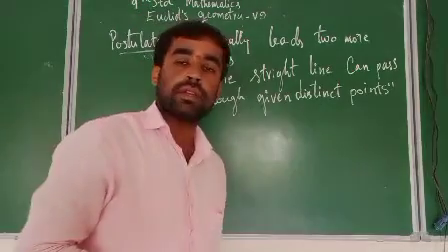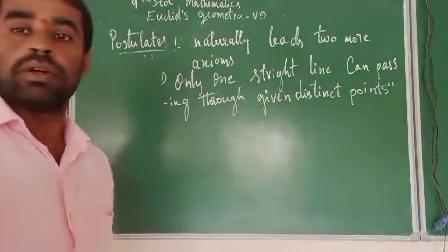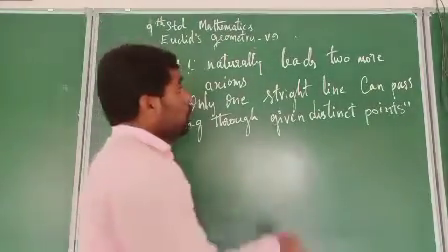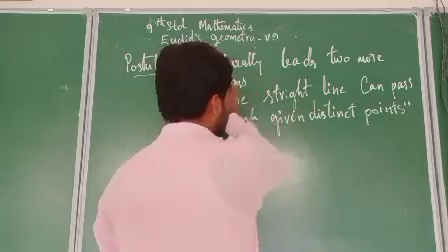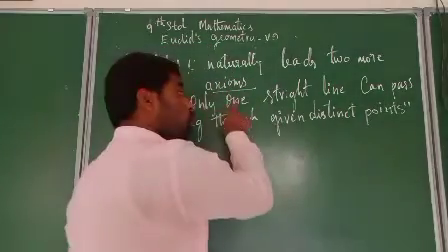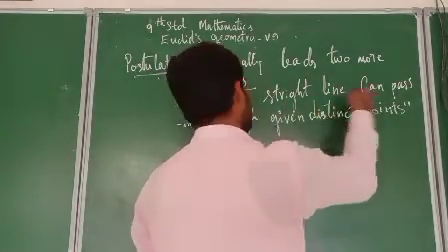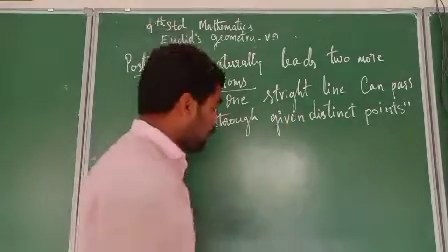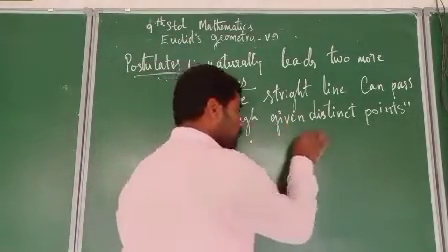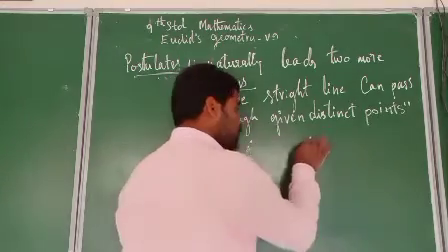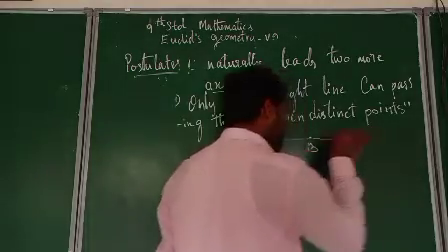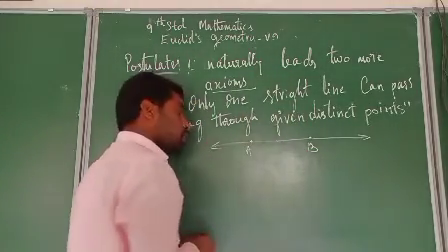Dear students, this postulate one leads to two more axioms. The axiom one is only one straight line can pass through given distinct points. Distinct means two separate points. What I said here, I take two points marked as A, B. If I join them, we can easily extend it, or we can easily pass through them.